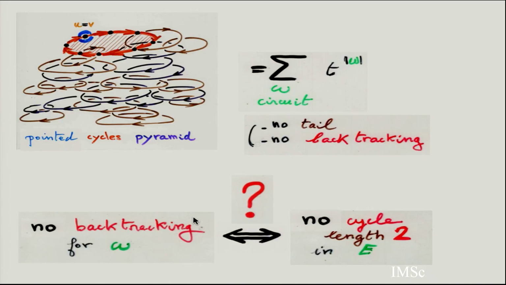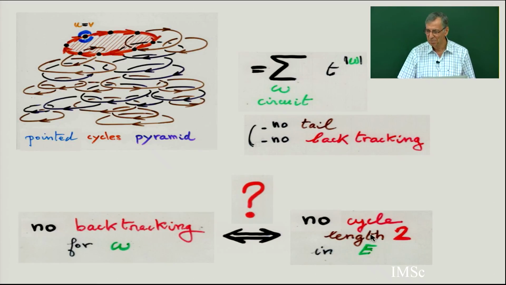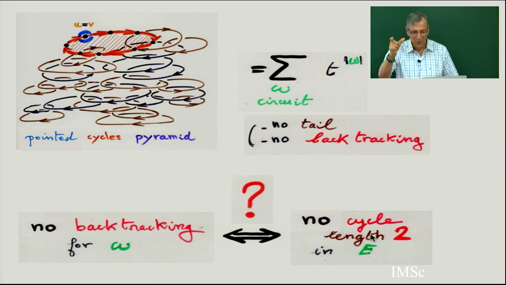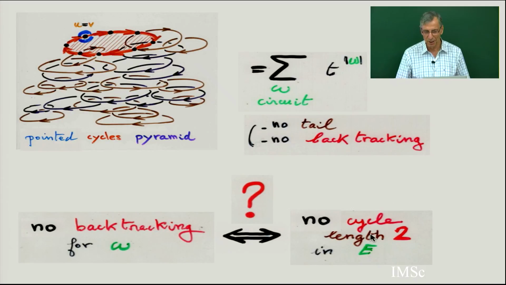Now maybe no backtracking for omega. That means no cycle of length 2. This was an exercise, because when there is a backtracking, you can think, okay, a cycle of length 2 is falling down. You remember there was always backtracking. The tree-like path makes a heap of cycles of length 2, which was a heap of dimers, used in the section about tree-like paths.